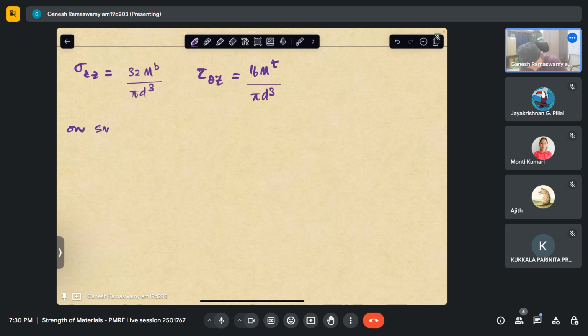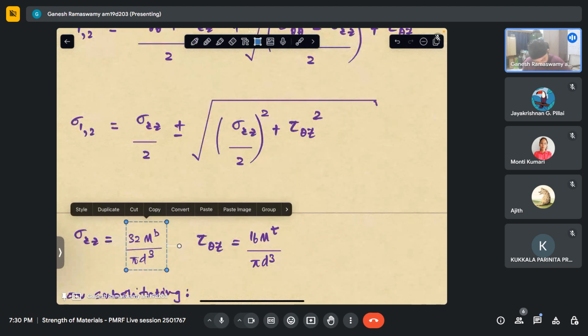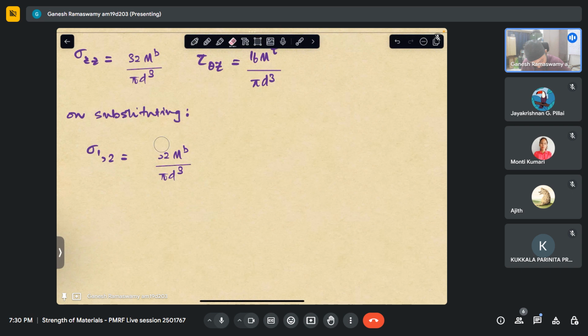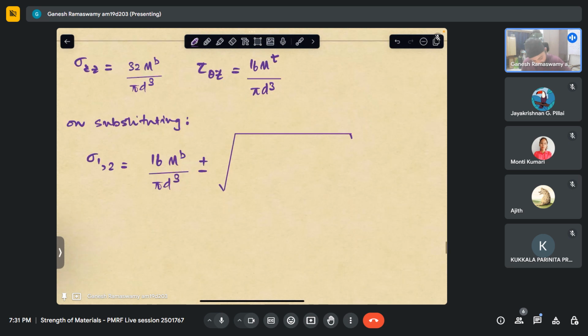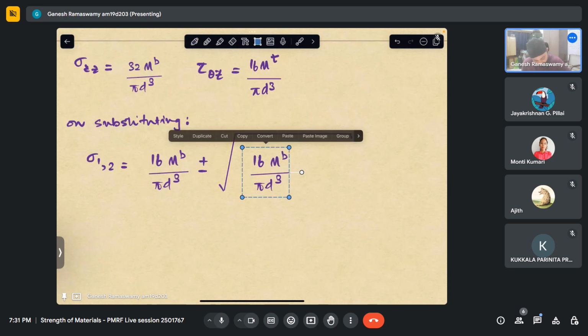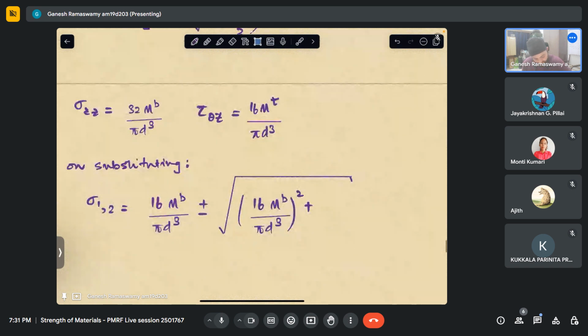On substituting, what will we get? Sigma 1, 2 is sigma zz by 2, so this will just be 16. It will become 16 plus minus root over, again the same quantity 16, whole squared, plus tau z theta is again 16, whole squared.